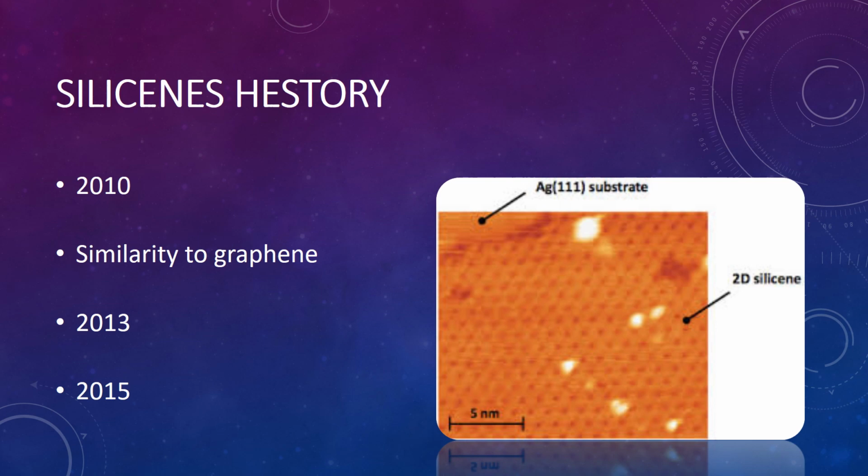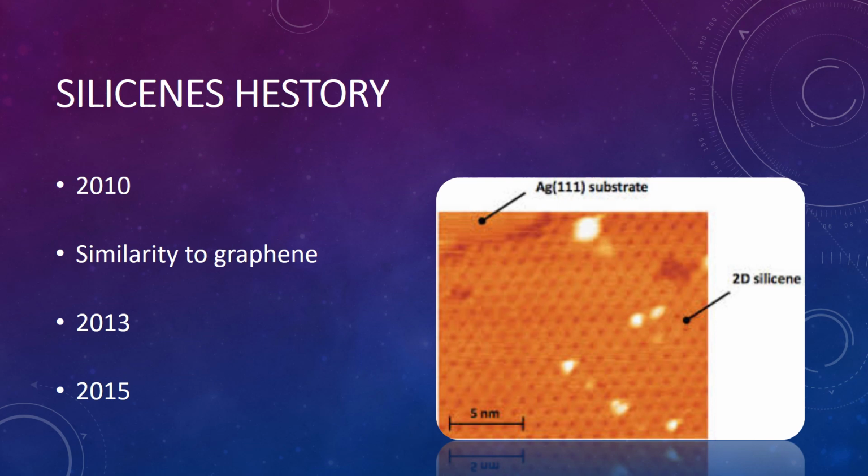Using a scanning tunneling microscope, they studied self-assembled silicene nanoribbons and silicene sheets deposited onto a silver crystal, Ag(110) and Ag(111), with atomic resolution.